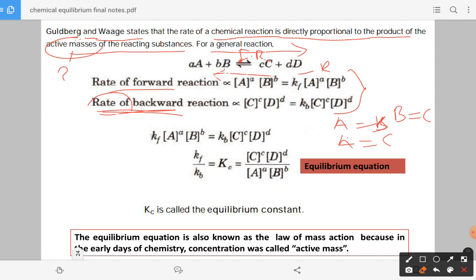Here product means you have to multiply. So Kc is called the equilibrium constant.